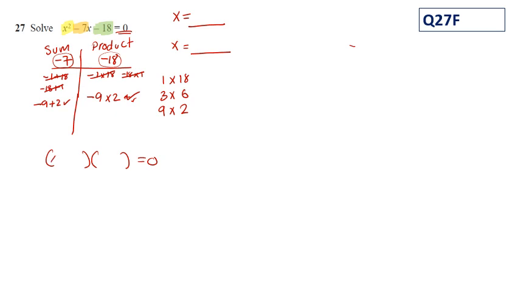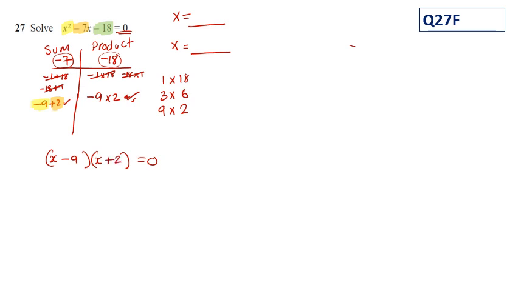I can write x in both brackets, so x and x, and in the first bracket I'm going to put minus 9, so that gives me x minus 9, and in the second bracket I'm going to write plus 2, so x plus 2.